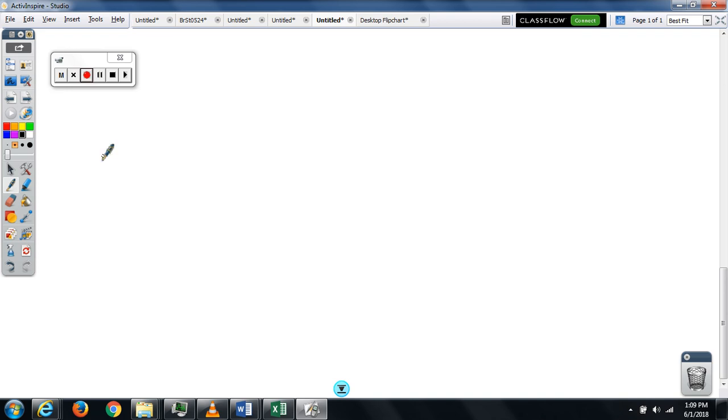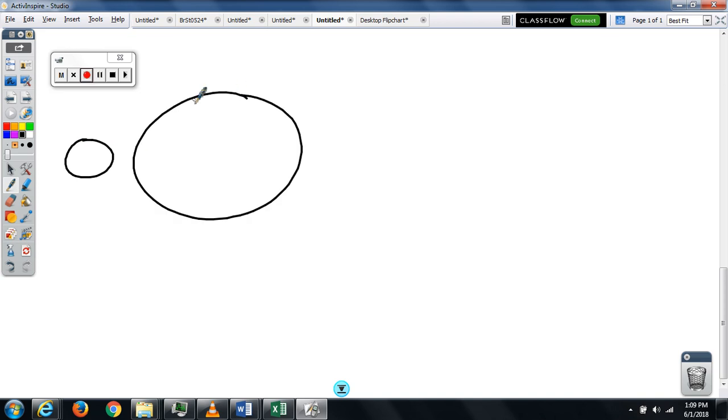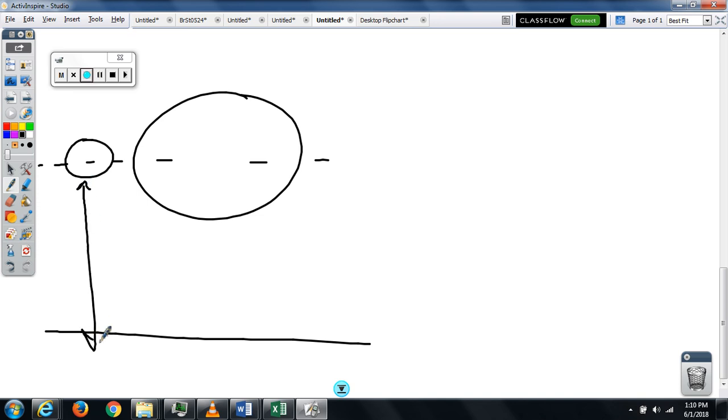You have two objects that fall from the same height and hit the ground below. They will hit the ground at the same time, because if they're only acted on by a force of gravity, this FG looks like that. This FG looks like that.